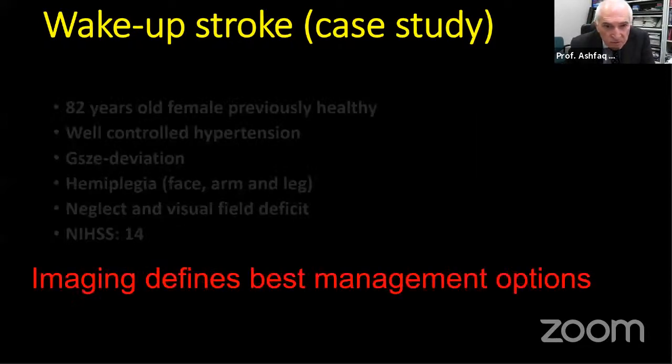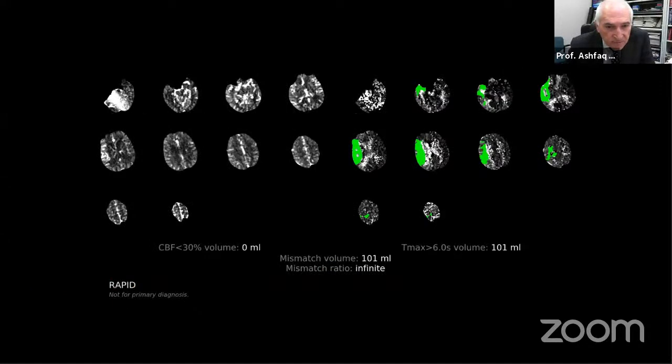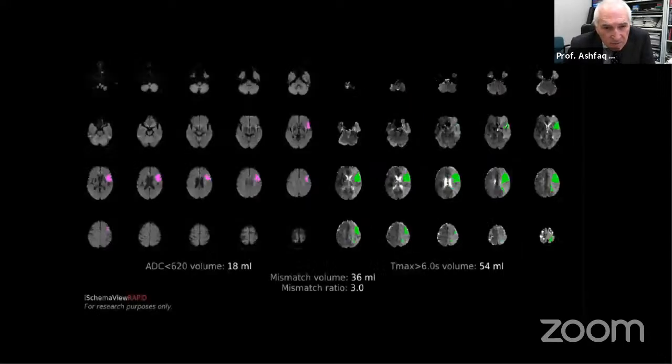If the imaging shows you something like this, no core, large penumbra, large area at risk but no damage, these patients should be taken for IV TPA, and if the IV TPA is not working, we take them for thrombectomy. These are the difficult ones.